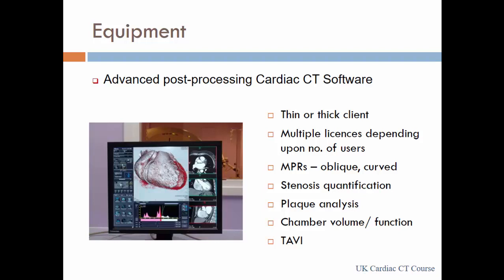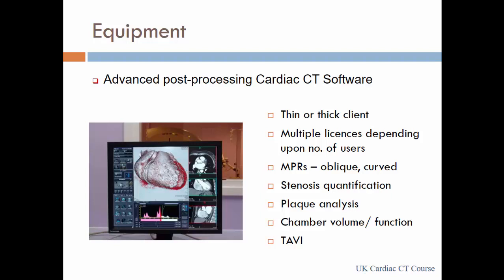Now the majority of the vendors are moving to thin client systems, and you need multiple licenses depending upon how many of you would be using the software. Any good software should be able to do MPRs of different kinds, like you have been saying.